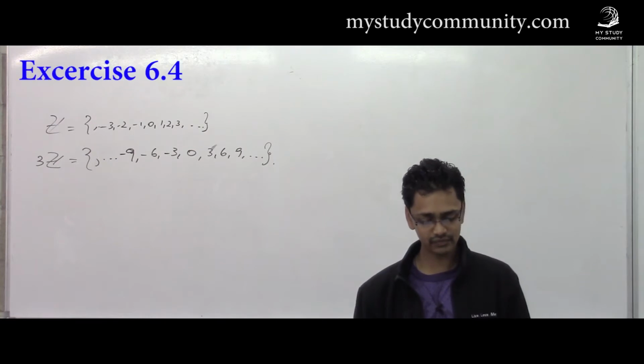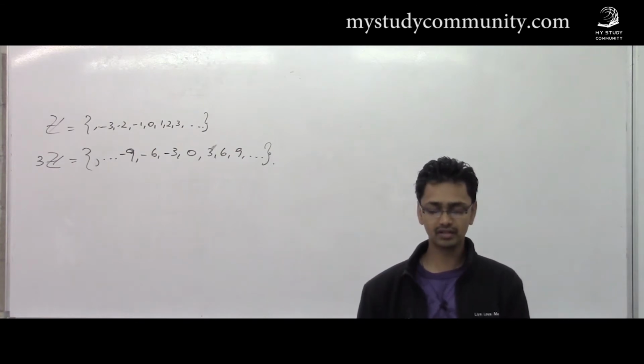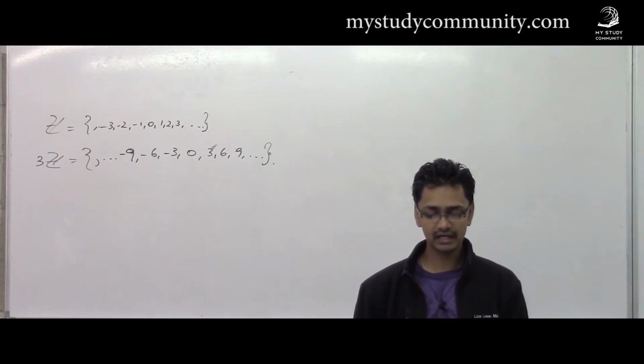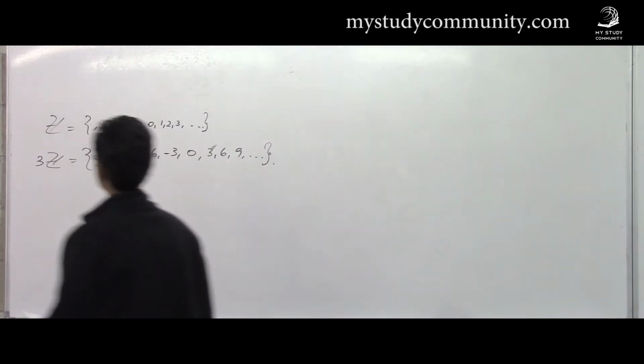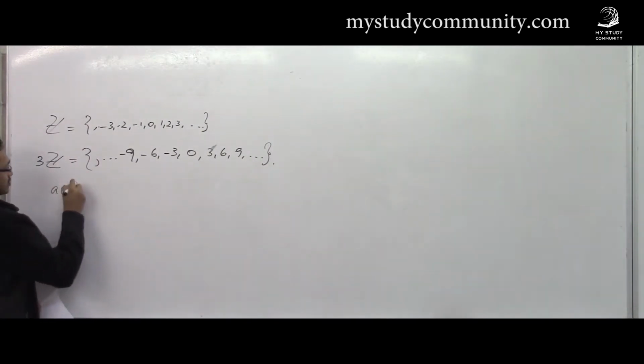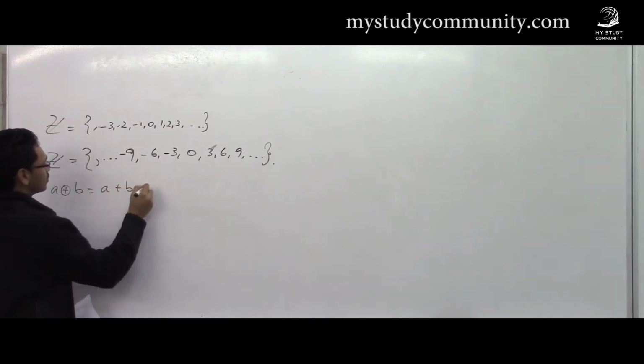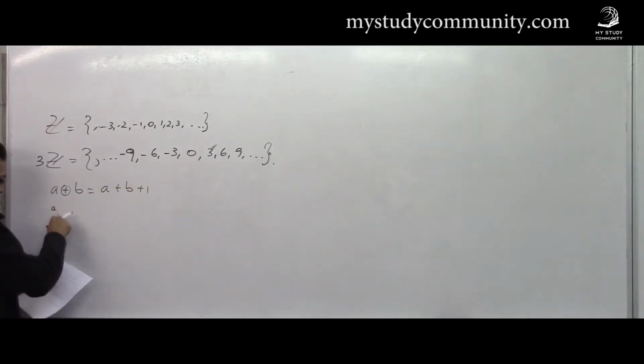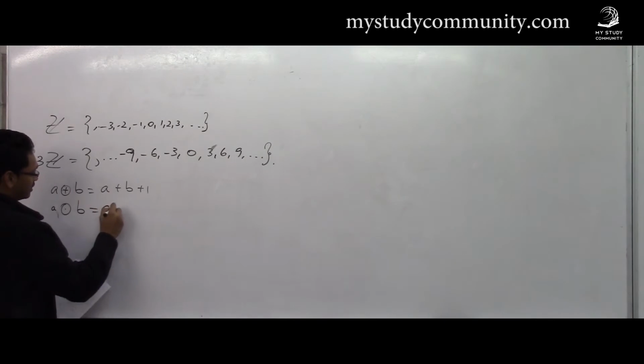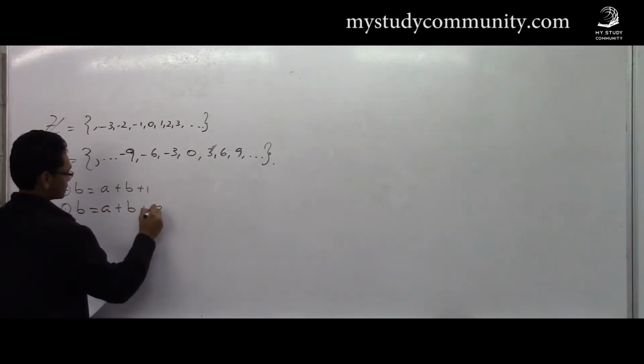So exercise 6.4, which we will do now. Let Z be the set of integers and define addition, circle plus, and circle dot in Z as follows. A circle plus B equals A plus B plus 1, and A circle dot B equals A plus B plus AB.